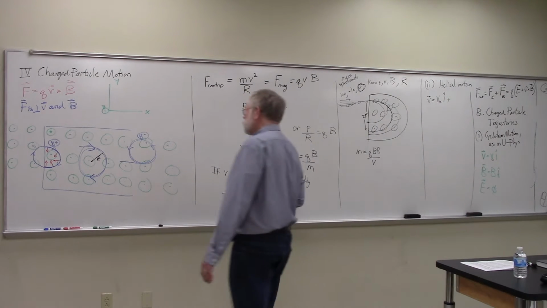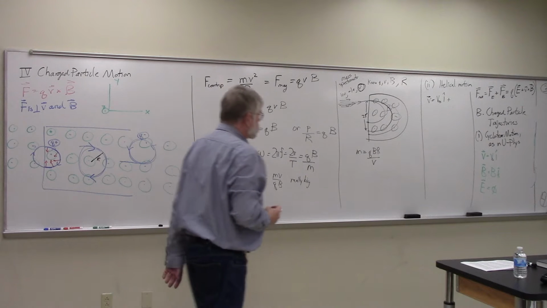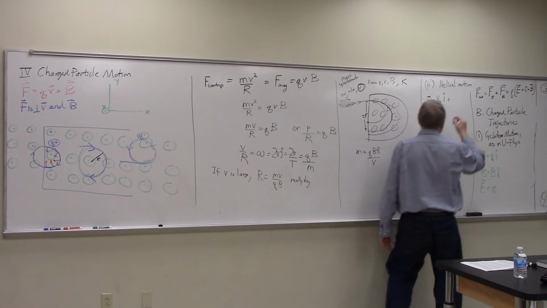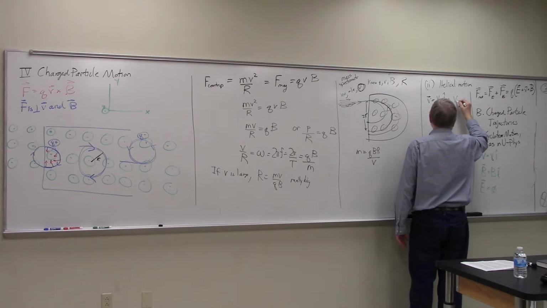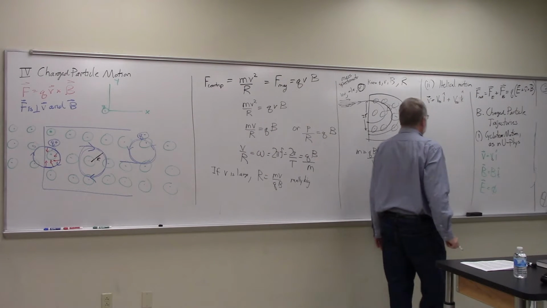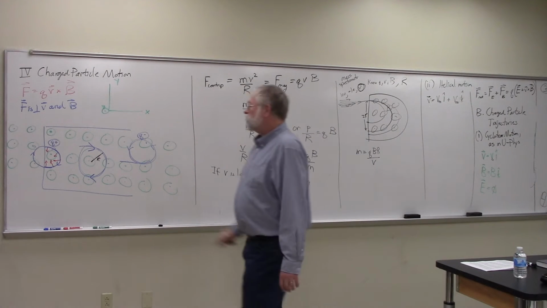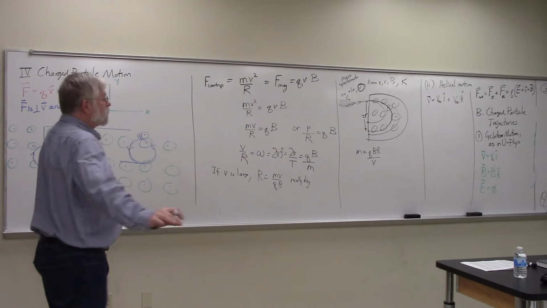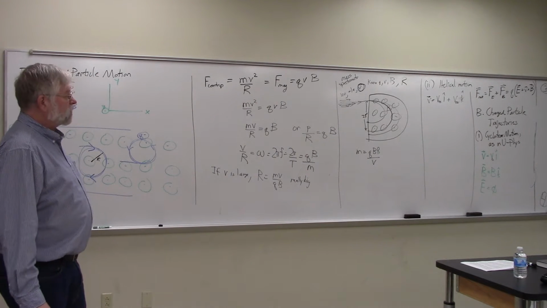The B field is in the Z direction. Let's let that particle have a bit of velocity parallel to the B field. Still no E field present. No E fields at all.